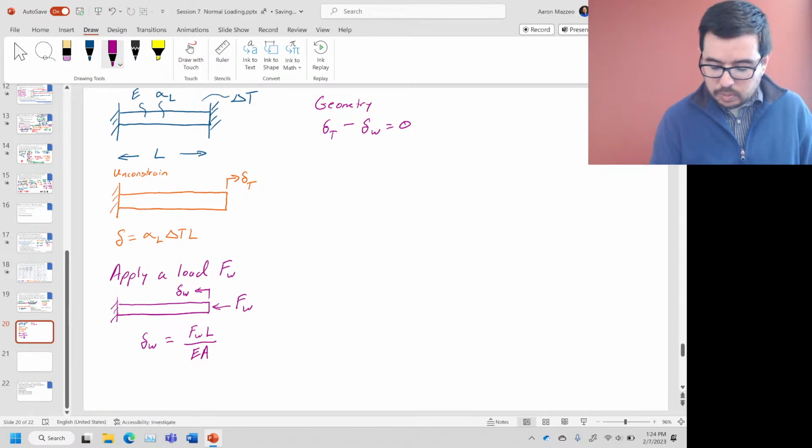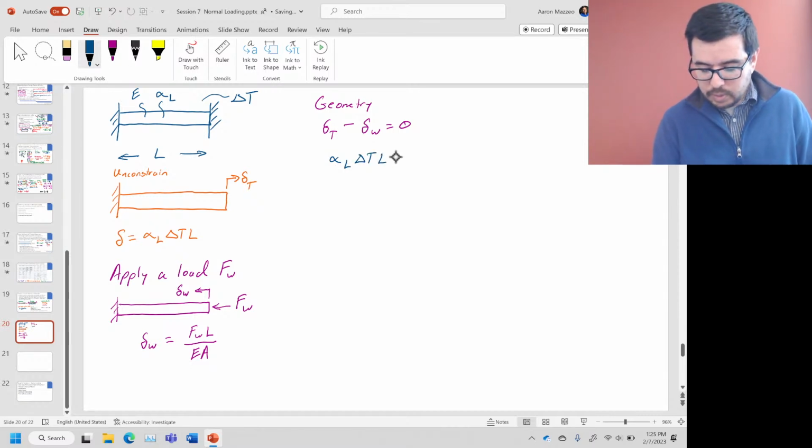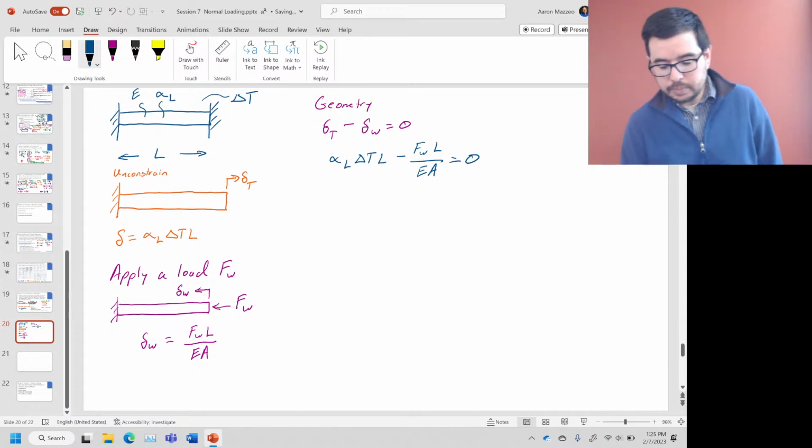So now, to figure out FW, we put these things together. I have alpha L delta T L, minus delta W, equal to 0.